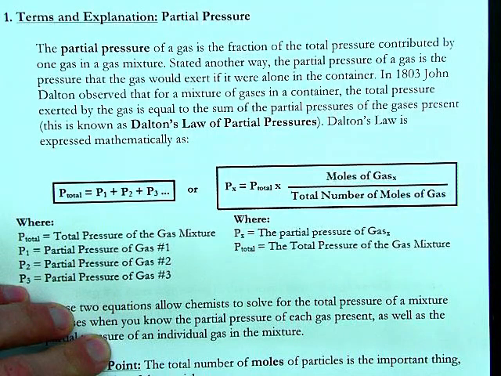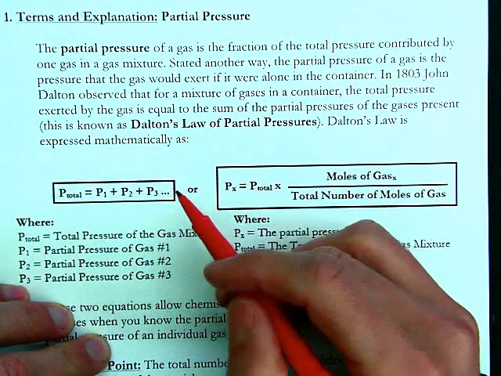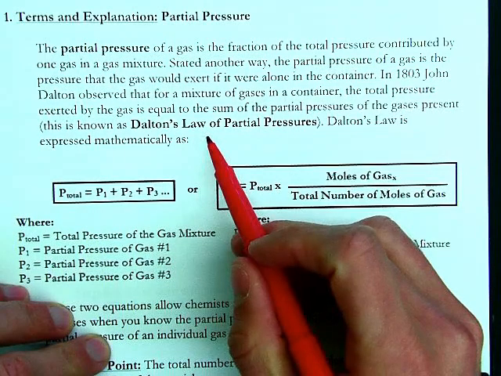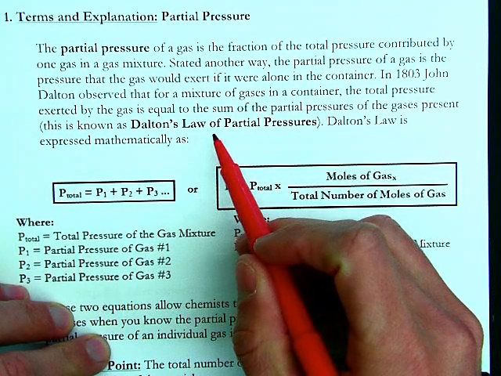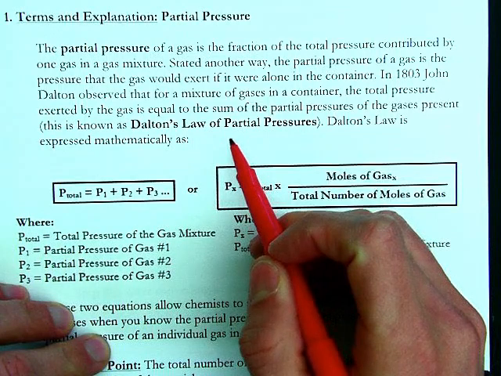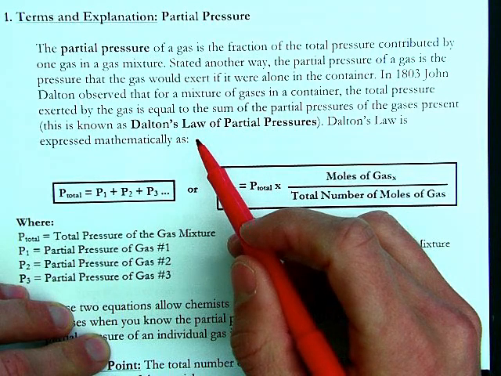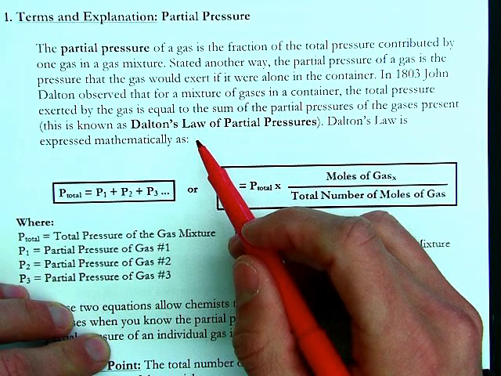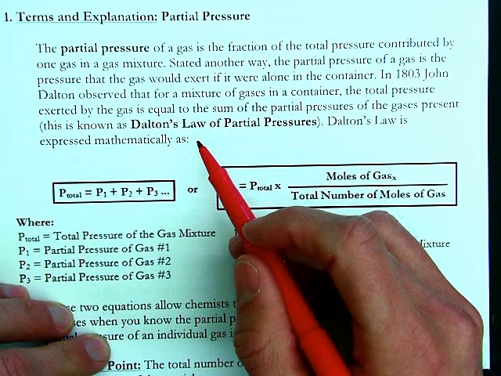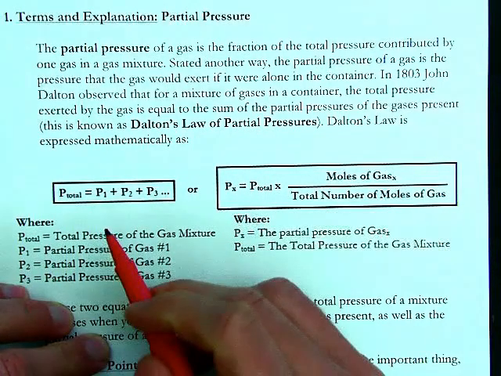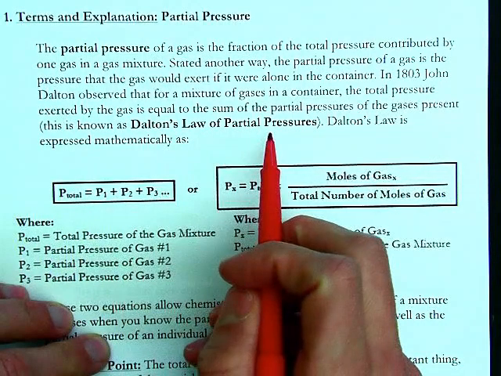And we've talked about John Dalton in the past, but he proposed a concept related to partial pressure: the total pressure exerted by a mixture of gases is the sum of the pressure exerted by each gas in the mixture. This is called Dalton's law of partial pressure.